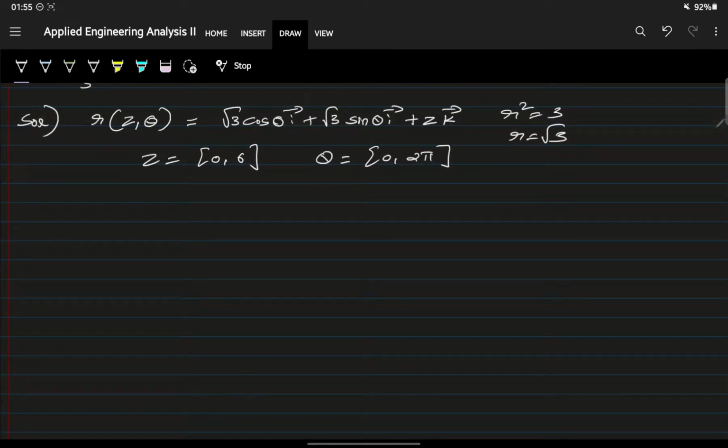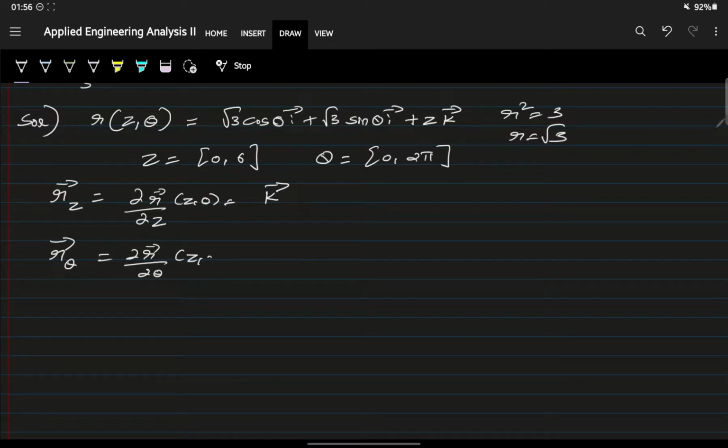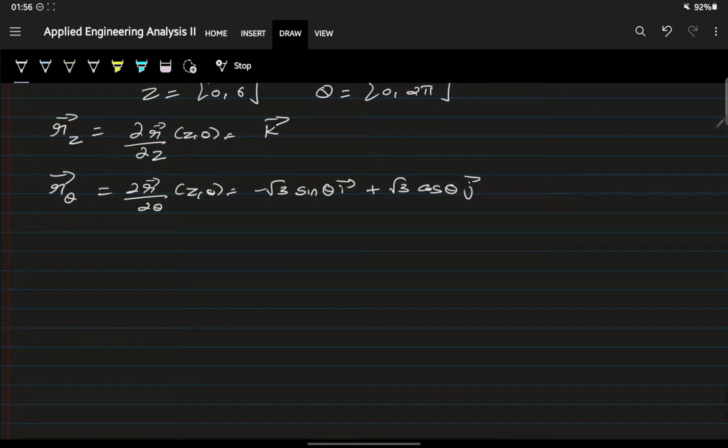So we have the limits, the parametric form. Now let's find the vector Rz, that is dou r by dou z, which gives, with respect to z, the entire equation doesn't hold any value because of theta, and z becomes 1, therefore k, and with respect to theta, dou r by dou theta, this becomes root 3 negative sine, root 3 cos, and 0. Let's find the cross product.